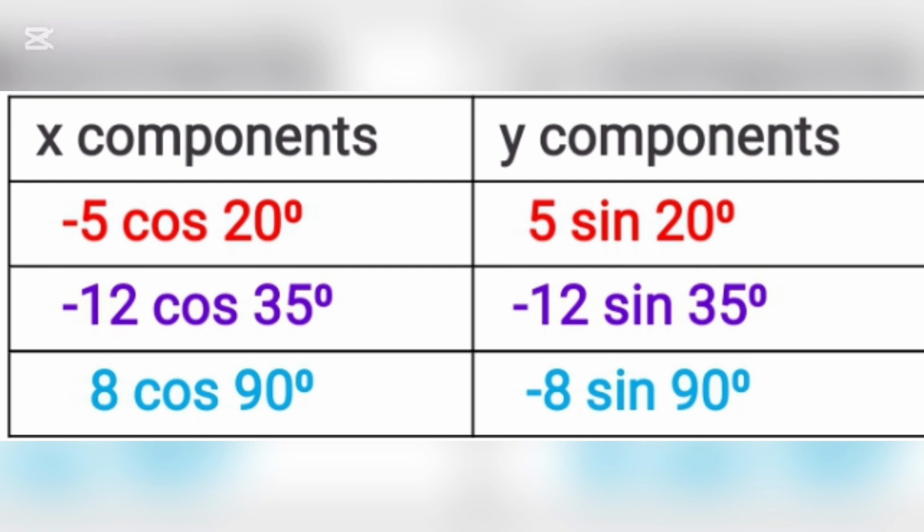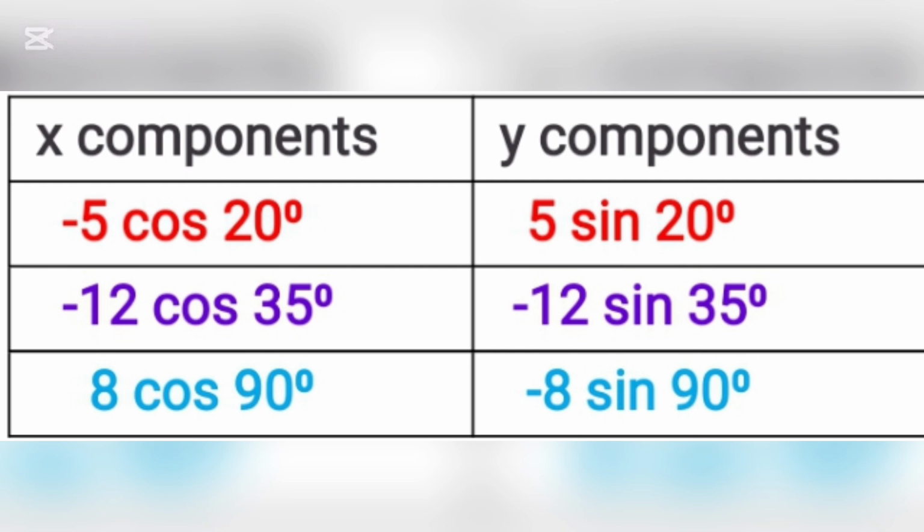Then we'll take minus 12 cos 35 degrees. Then 8 cos 90 degrees. On the y component, which are the vertical components, we'll have 5 sine 20 degrees, minus 12 sine 35 degrees, and minus 8 sine 90 degrees.